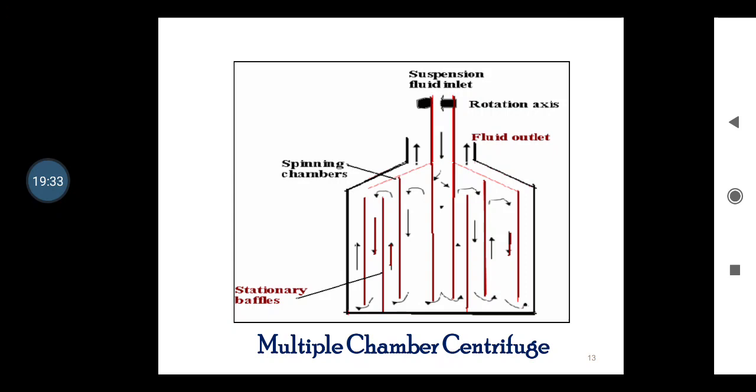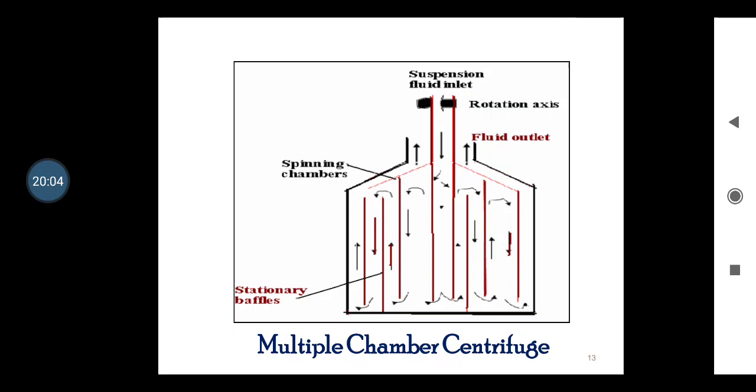So the multiple chamber centrifuge signifies that when you pour the fluid suspension from the inlet, then depending upon the density and the particle size, the particles will move forward depending upon the velocity generated by the instrument, or deliberately created fluid velocity.